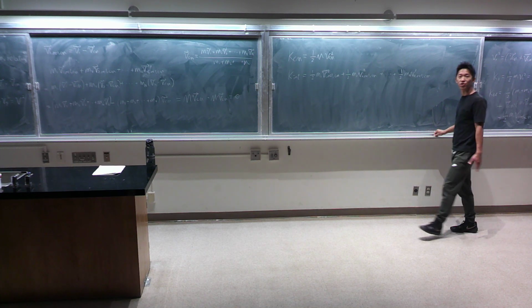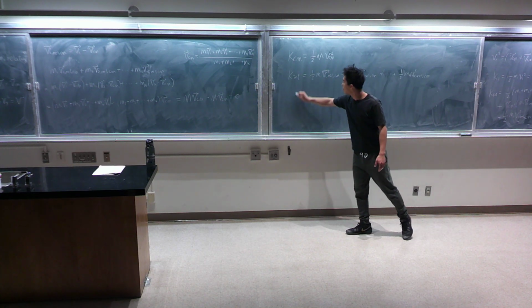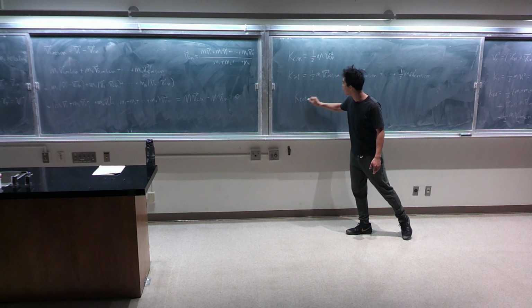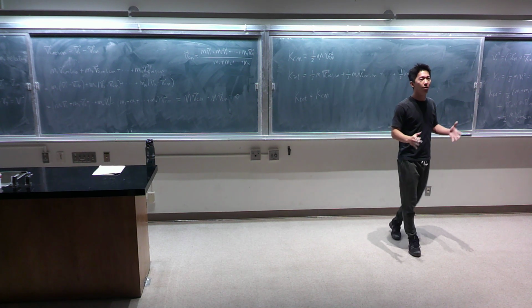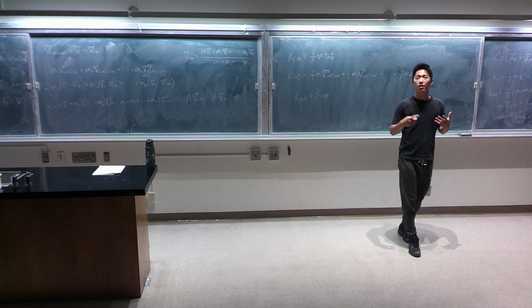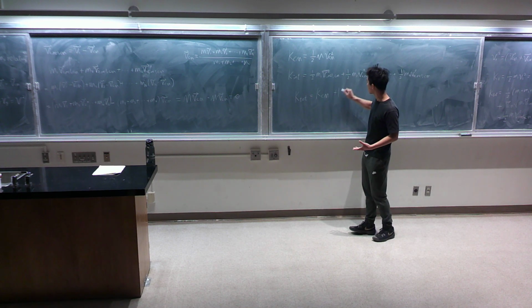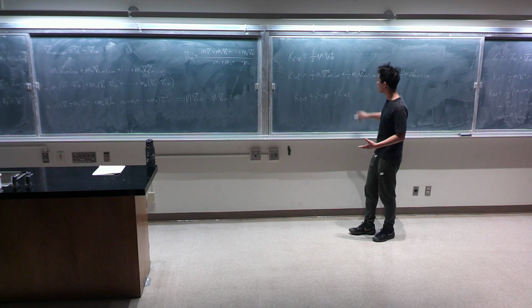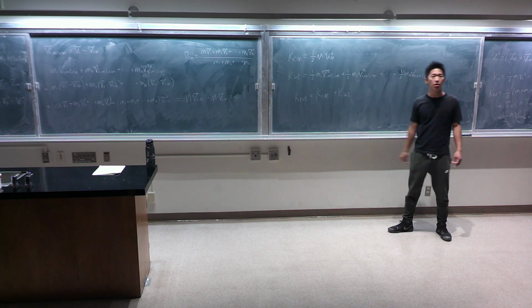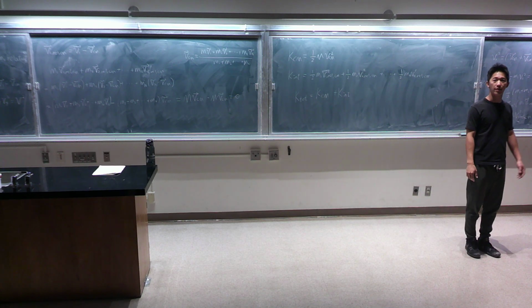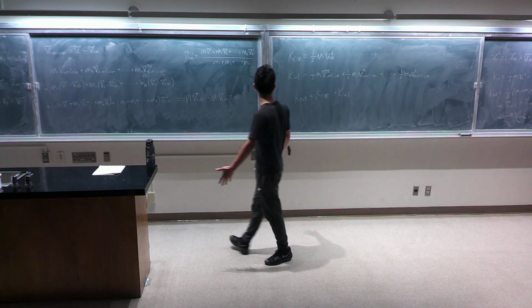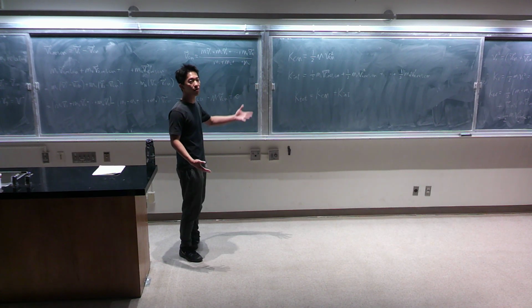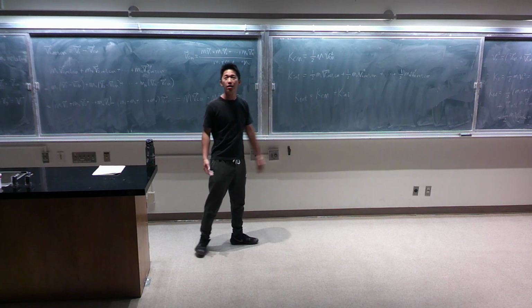So the total kinetic energy of a system becomes the kinetic energy of the center of mass plus the kinetic energy caused by the internal motion of the particles relative to the center of mass. This is more useful because now you can easily tell the kinetic energy of the center of mass.